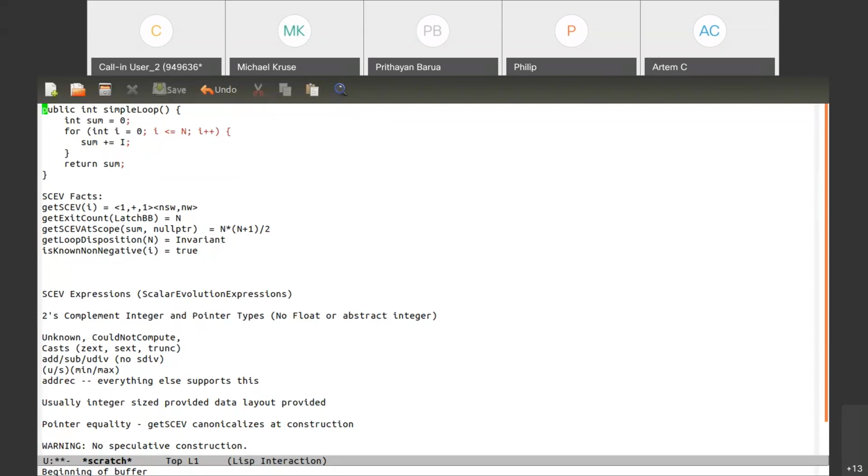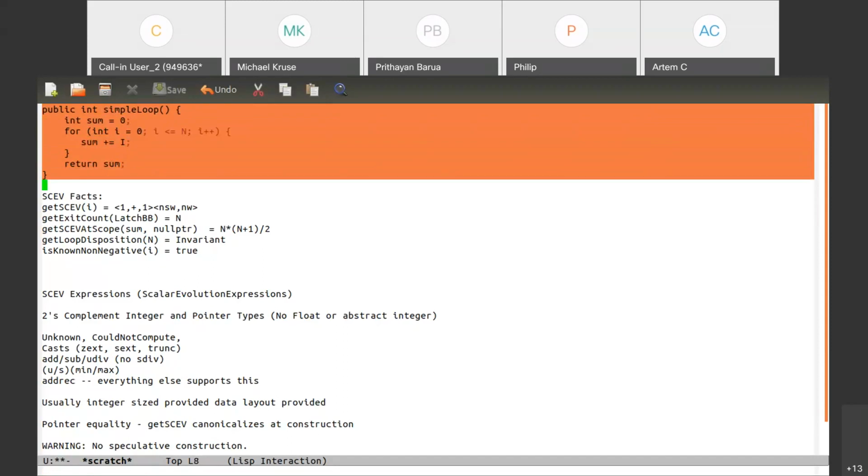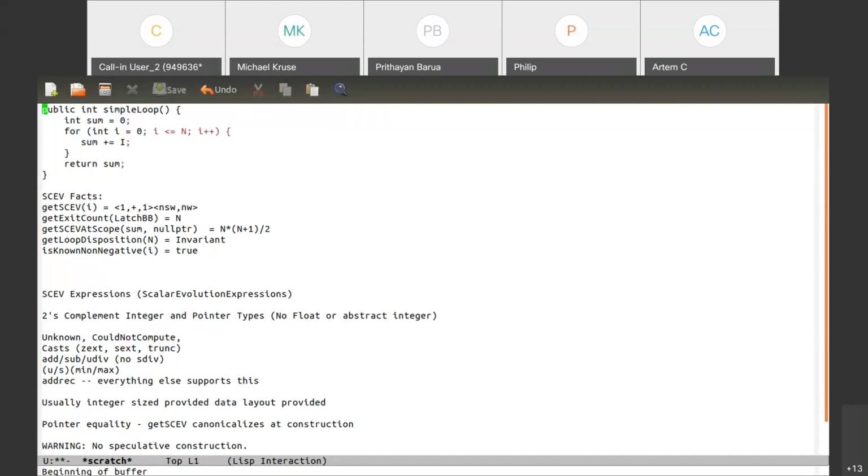To give you a sense of some of the things that SCEV can do for you, take a look at our little example up here at the top, which is a really simple loop that runs from 0 to n, and adds up that series. Just as a side note, this is of course C code.